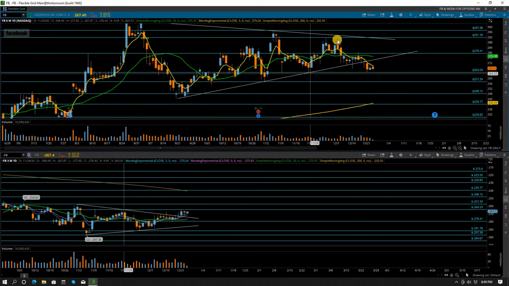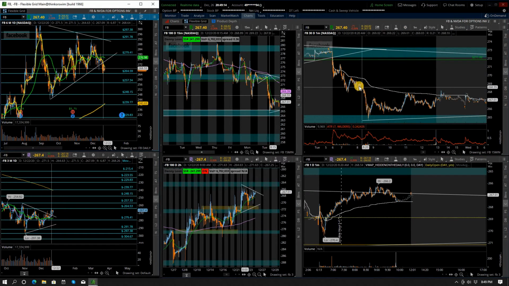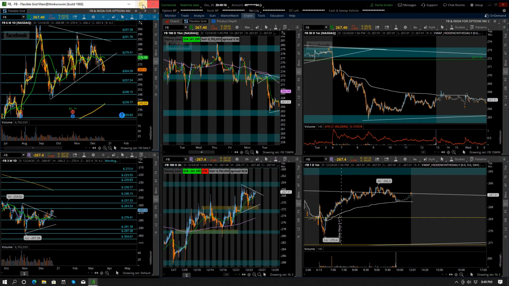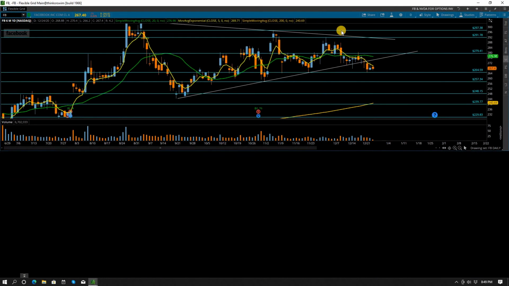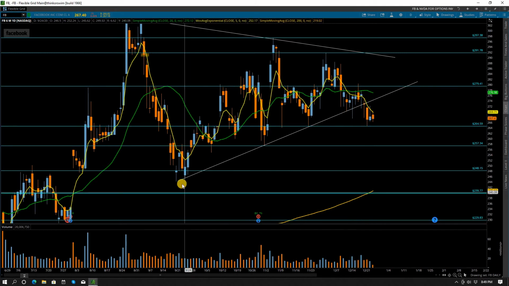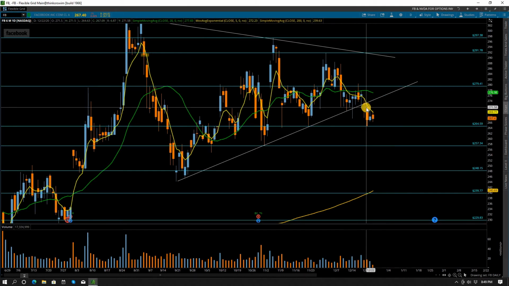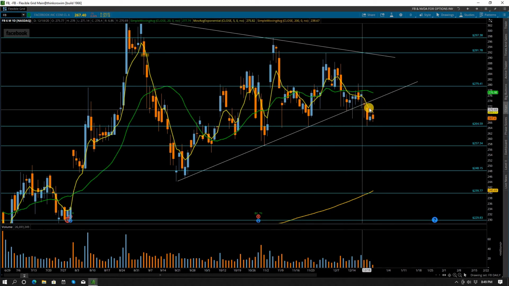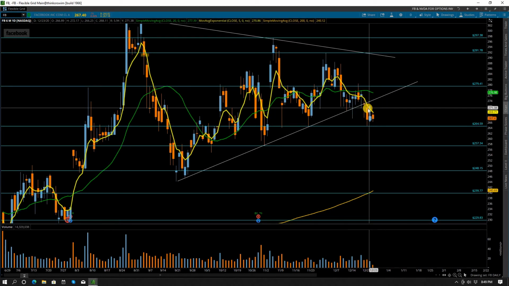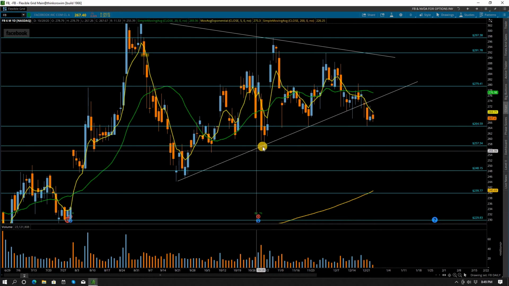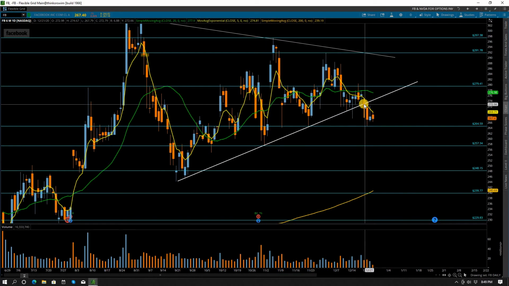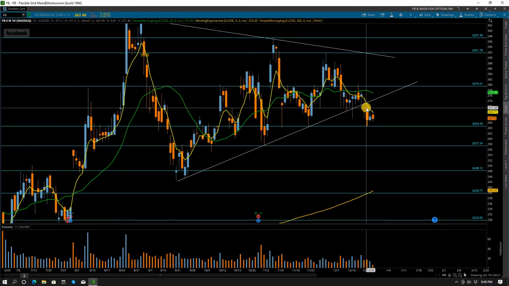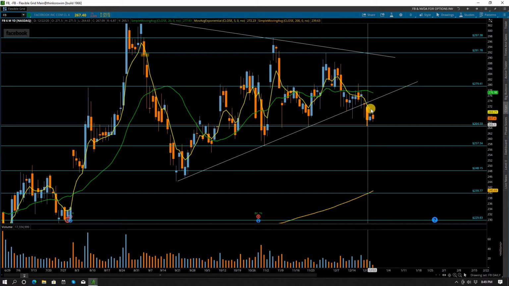Let me just make sure it's the right day. Yeah, the 22nd. So on this day the price actually closed outside or below this big wedge, right? So this tells me that this trend line is no longer holding it. So that's the reason why my conviction was more to the downside than to the upside.